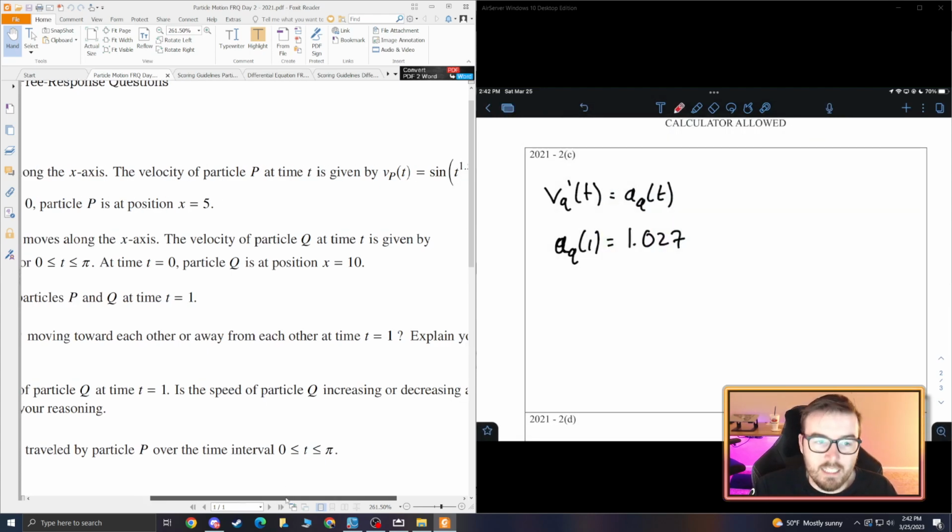Take their words and spit it back out at them. Is the speed of particle Q increasing or decreasing? Take out the word "is."